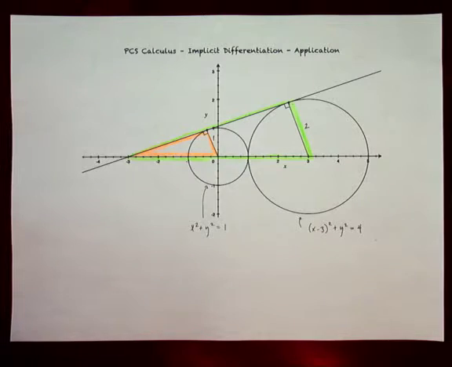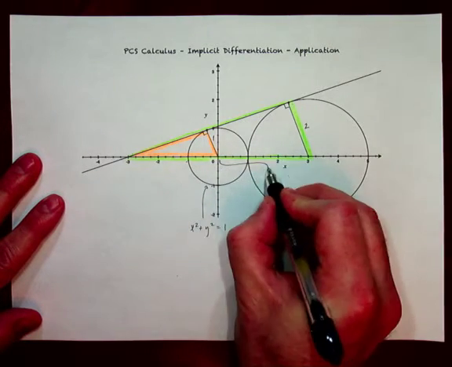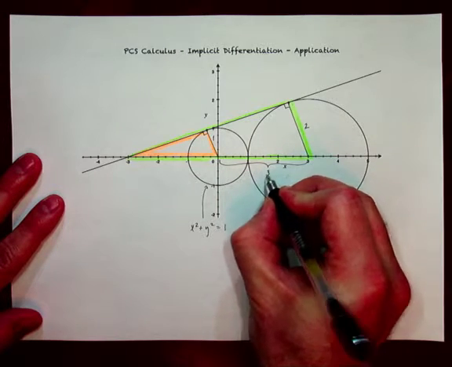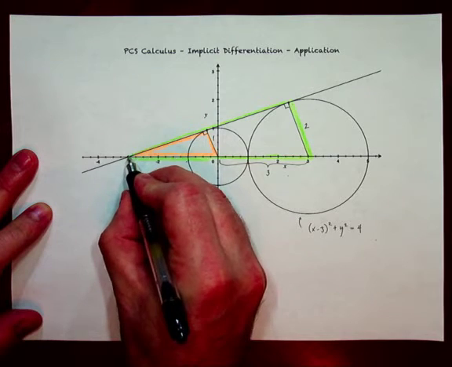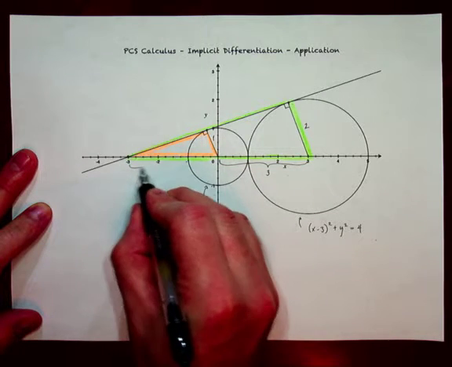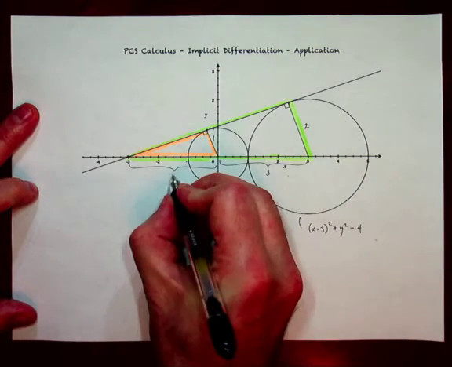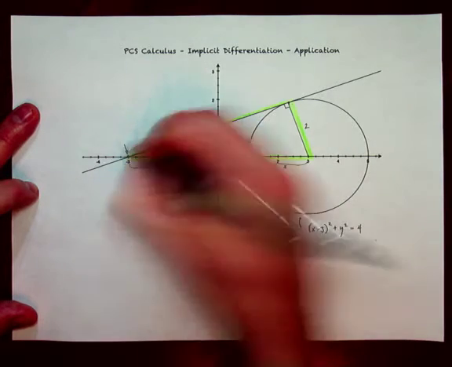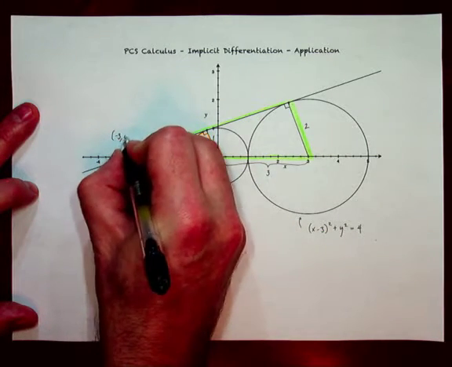Here's why that's going to benefit me. This right here is 3. If that's 3, then this point right here, it doesn't just look like it goes through the point -3, 0. It does. That right there is the ordered pair -3, 0.